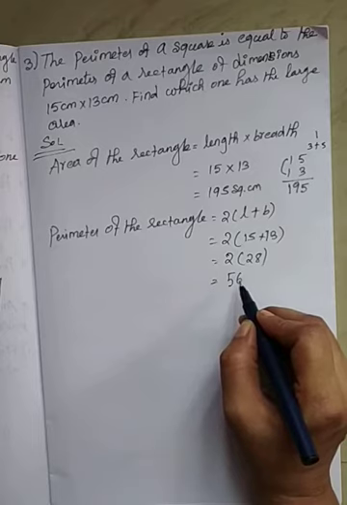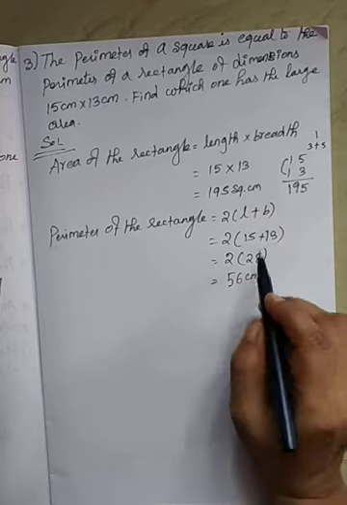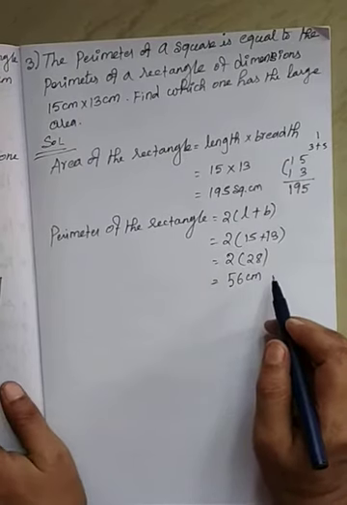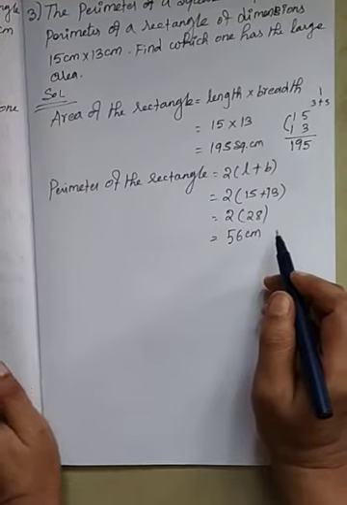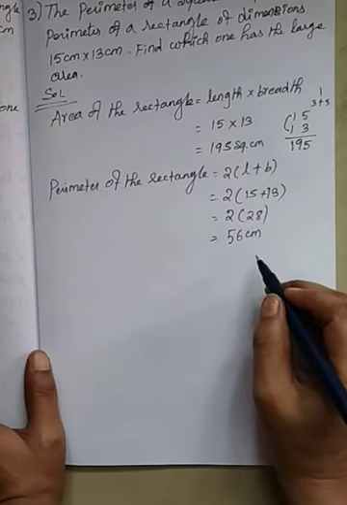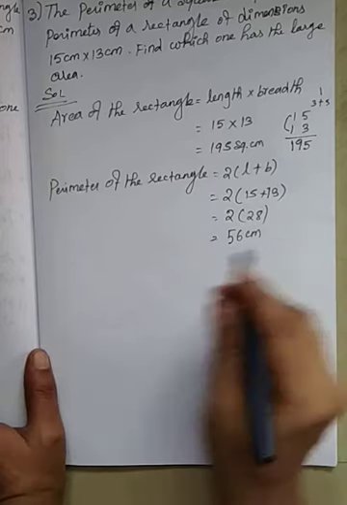Okay, see here, this is the centimeter only. Okay, both are centimeter. Here plus symbol is there, so only one time centimeter you have to write. This one is the perimeter of the rectangle. The next one, see, perimeter of the square.